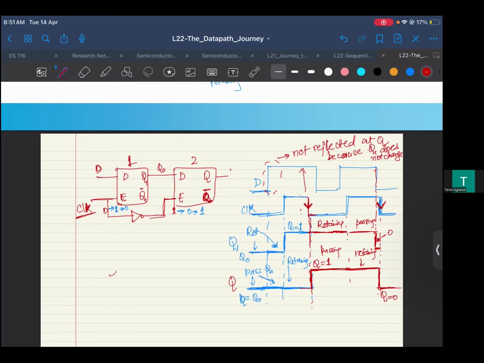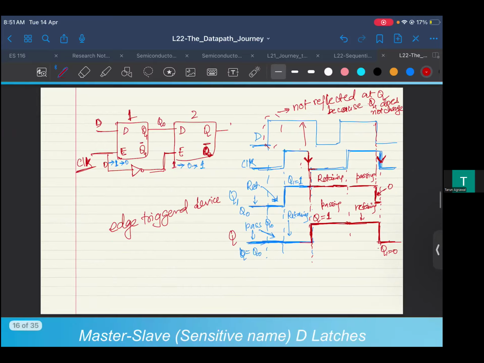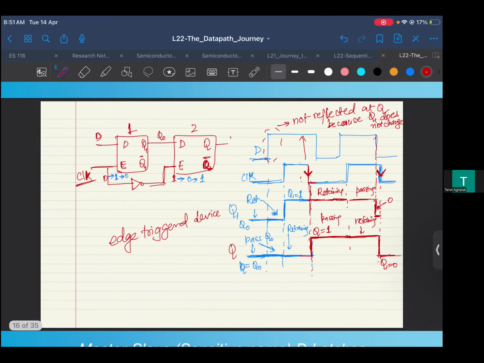And that is why we call this device an edge triggered device or element, right? And this can also be represented very simply as a D flip-flop.